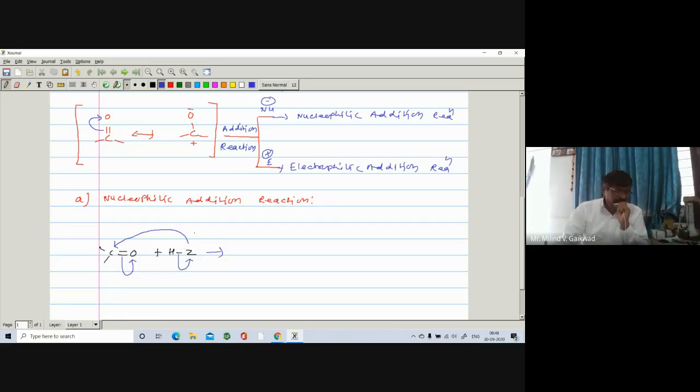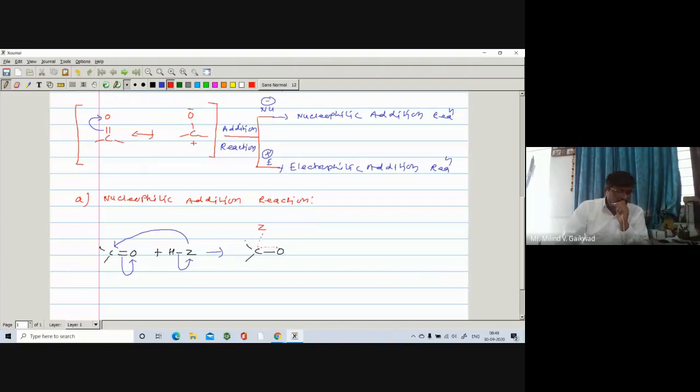So we can write the transition state. In this case, you have such type of carbon with two valencies, and here is oxygen. The bond between this carbon and oxygen undergoes breaking. At the same time, the bond between this carbon and this Z undergoes forming.